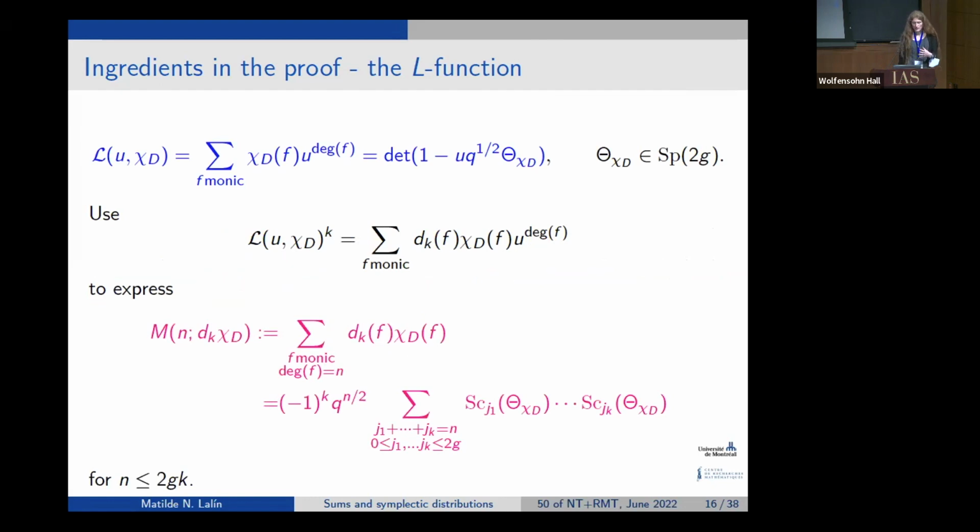And so we can play with this, essentially. Developing this determinant, we can write this type of sum as a sum involving the secular coefficients. So this is the sum that we have inside the integral.